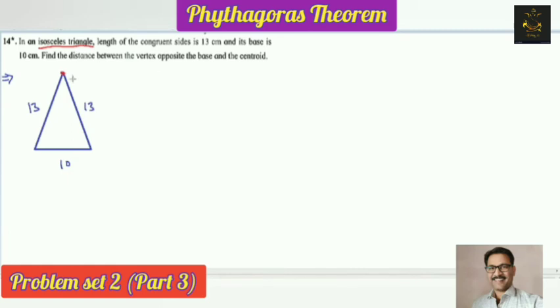So friends, look here, somewhere here must be the centroid. The centroid always divides the median in the ratio 2:1. So here is a point which is the centroid. So we have to find this particular part.